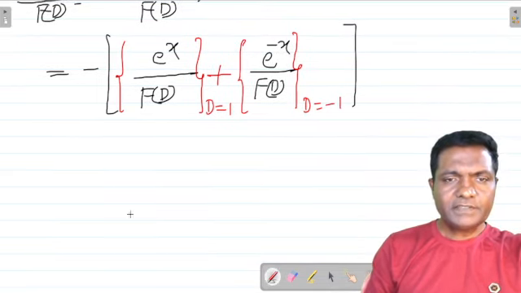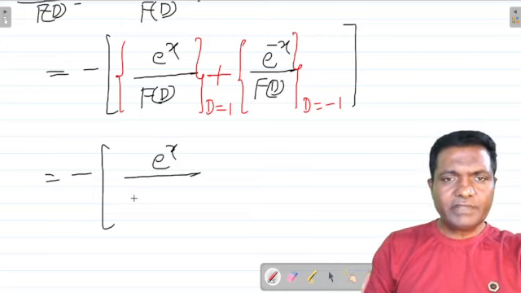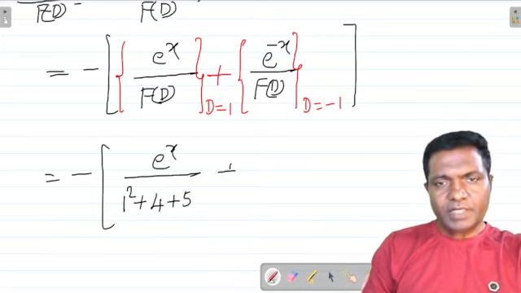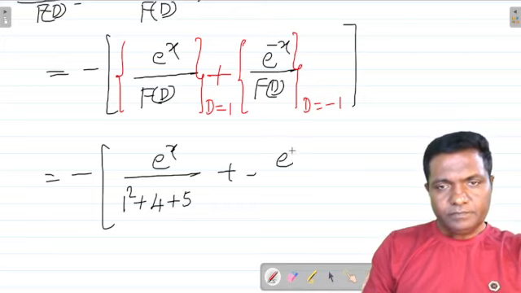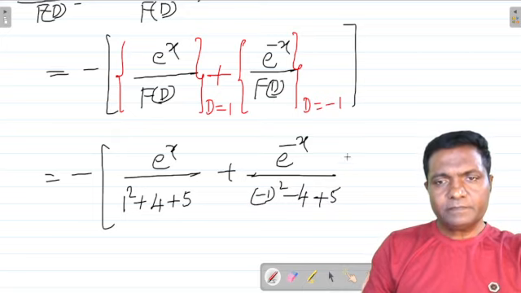Now check. It's e power x divided by d square, that is 1 square, plus 4 into d, that is 4, plus 5, plus e power minus x by d as minus 1, so minus 1 square, 4 into minus 1 is minus 4, plus 5.